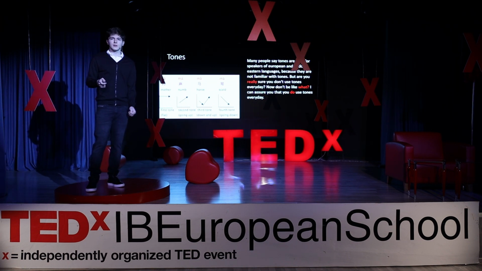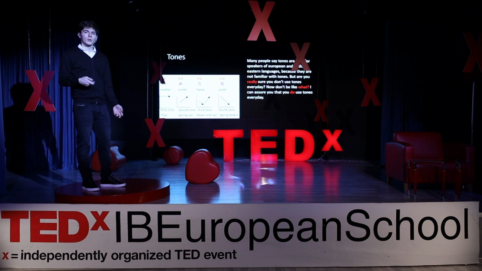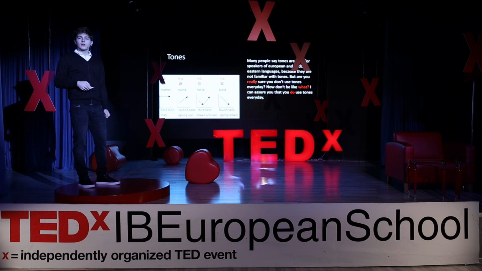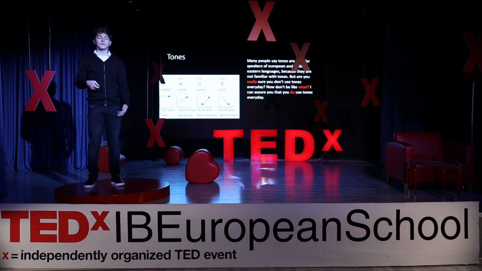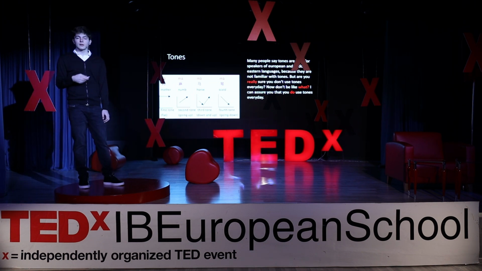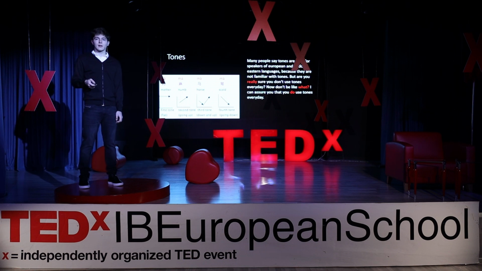Now, to give you a better understanding of how the tones actually work and what these tones are, let's look at the graph here. So the first tone in the Chinese language is called the flat tone. So the syllable MA here would be read as ma, ma. My voice stays the same.